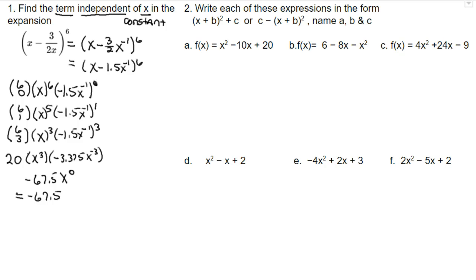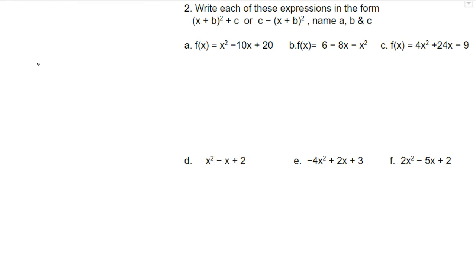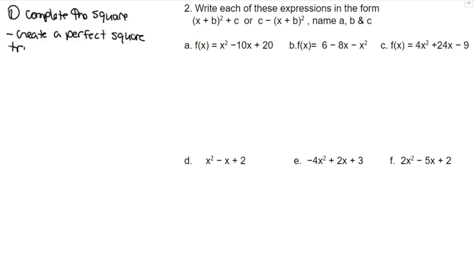Over here, we're writing them in vertex form, essentially. And there are 2 different methods I'd suggest. First, the traditional complete the square method. Basically what we're doing when we're completing the square is taking the b term, dividing it by 2, squaring it, and adding it to both sides.